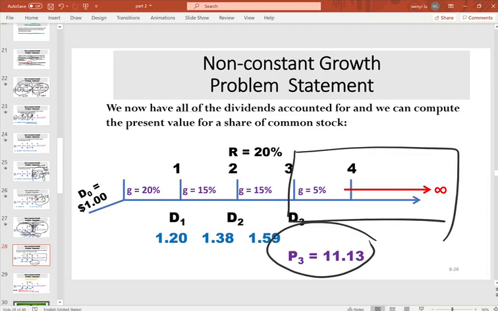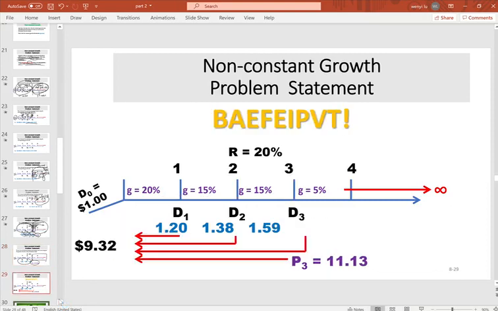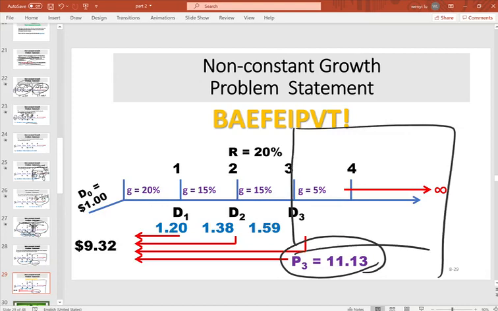And we now also combine all the previous dividends you haven't included yet, right? So we will discount all the prices and dividends to time 0. P3 you solved for, and also the first 3 dividends you will discount to time 0.